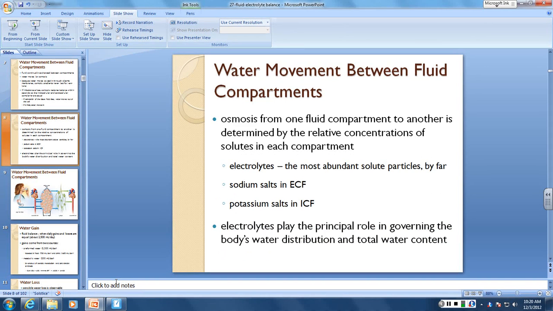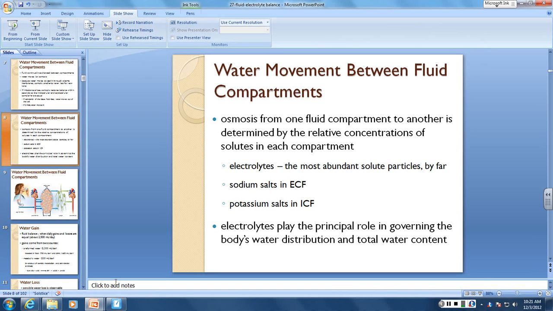Osmosis from one fluid compartment to another is determined by the relative concentration of solutes in each compartment. So you all remember what solutes are. They're the component dissolved in solvent. Electrolytes are the most abundant solute particles. Sodium salts are predominant in the extracellular fluid, and those you should know for the test.